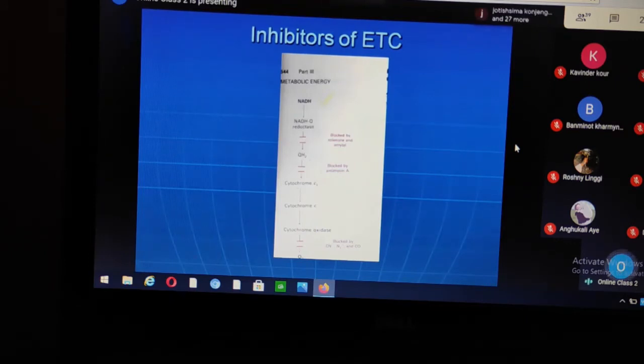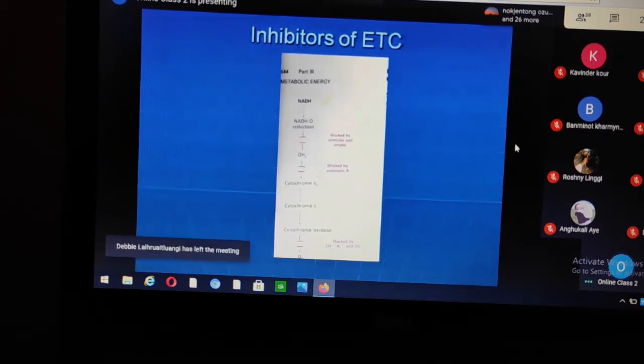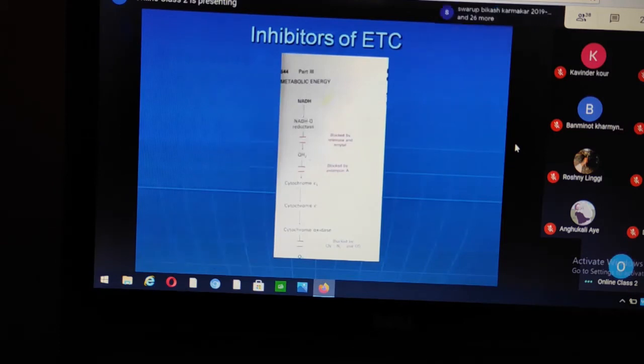So if this is blocked, then there is no production of ATP. If the ATP is not produced, then definitely the cells cannot survive. So this is the reason why cyanide is highly poisonous to us.